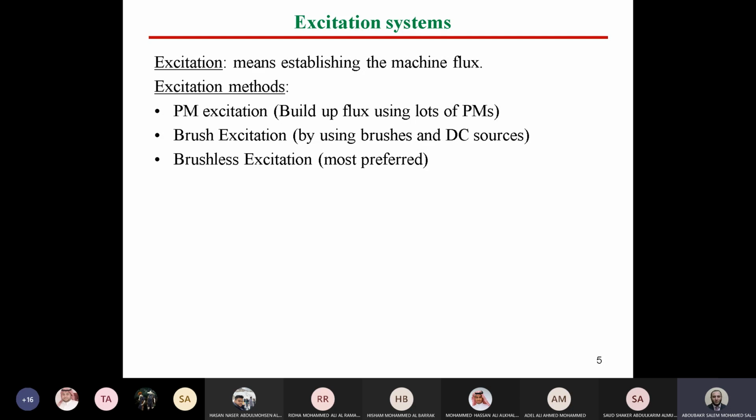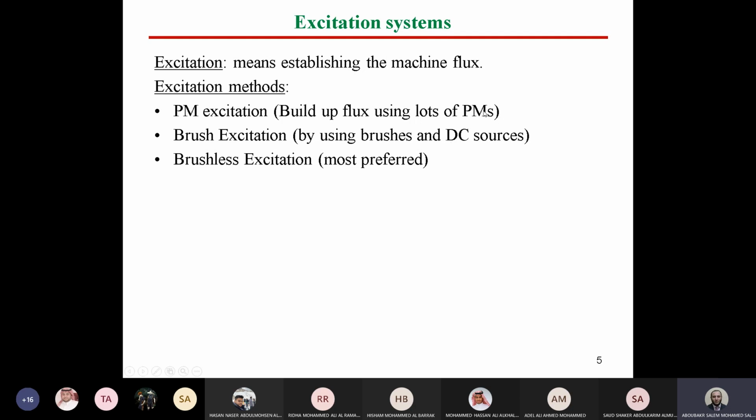And this is also a headache. Having permanent magnets for such a high power rating is a very big problem. So we do not prefer permanent magnet generators in high power. High power, I mean the power in power plants or power stations.